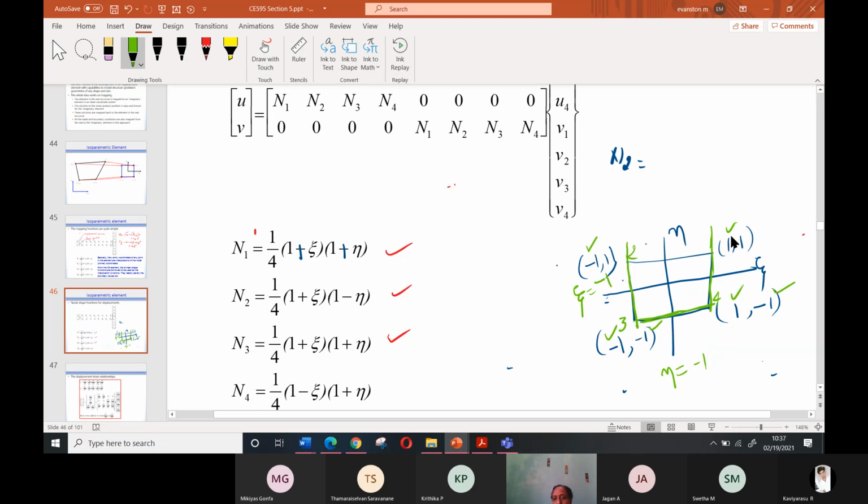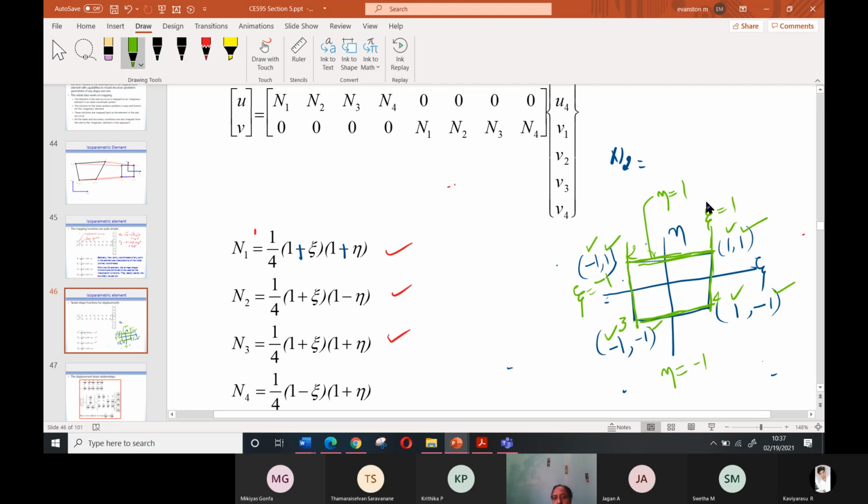So that is xi is equal to 1. If you take this line, which is common at the node, it is plus 1, and here also it is plus 1. So this is an easy way to do it in your exam. That is, this line is eta is equal to plus 1. So this is xi is equal to minus 1.